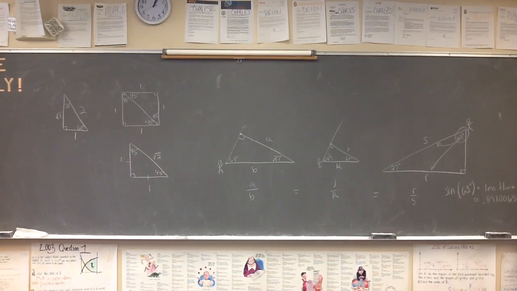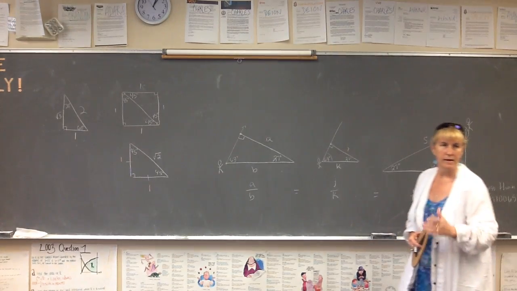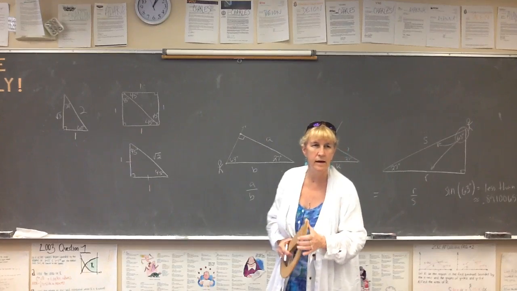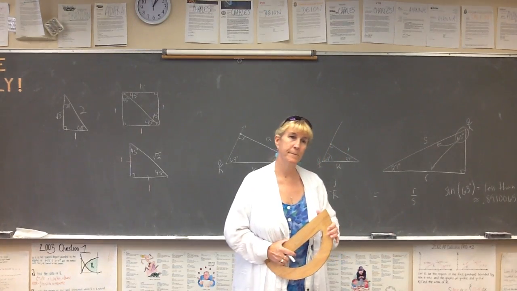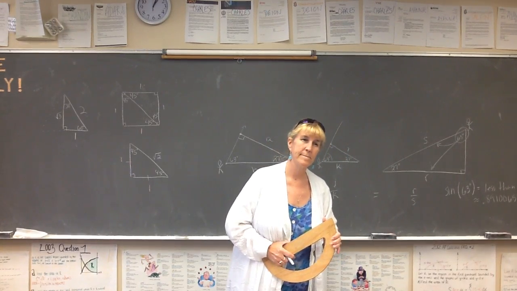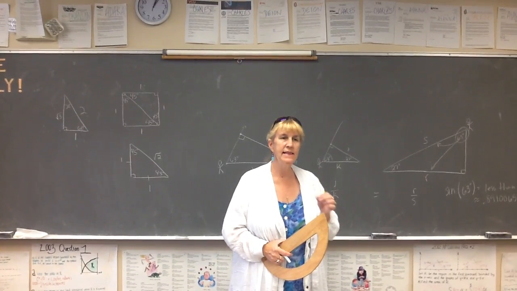I need a thinker. Jalen? Because it's less than 90 degrees. I need more. I need a thinker. Michaela? Because it's half of your hypotenuse. Okay, so you're getting at the idea.